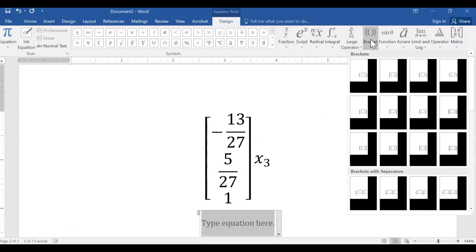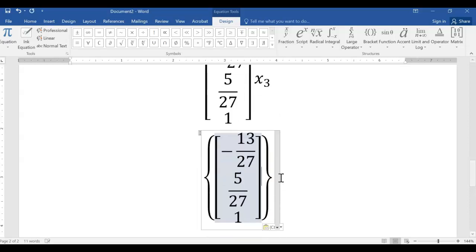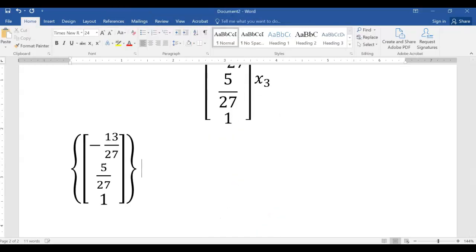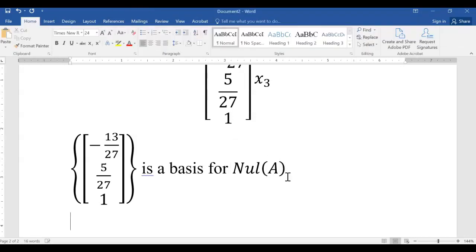All right, so if I said the set containing that single vector is a basis for the null space of A. Okay?